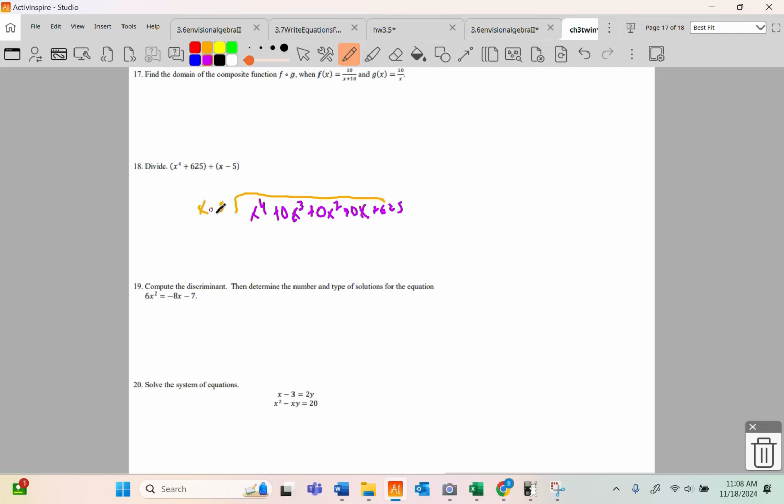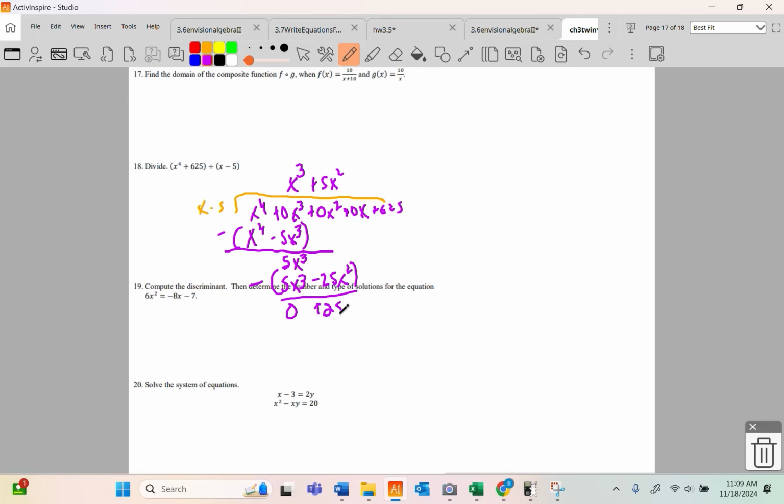So to become x to the fourth, I'm going to need an x cubed, right? It's going to be x to the fourth minus 5x cubed. I wrap before I subtract, and I get 5x cubed. Now, to become x cubed, I need 5x squared. I wish I would have written smaller. But anyways, 5x cubed minus 25x squared. Wrap before you subtract.